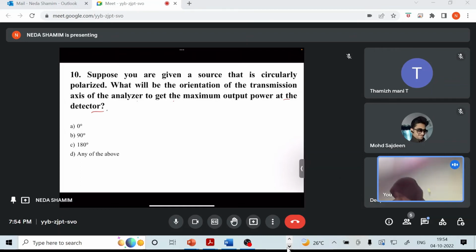We did one question, no? What is the source? We have an analyzer over here, and the analyzer is rotated through 360 degree, and we didn't have any variation in intensity. D. Right. Circularly polarized light, it doesn't matter.